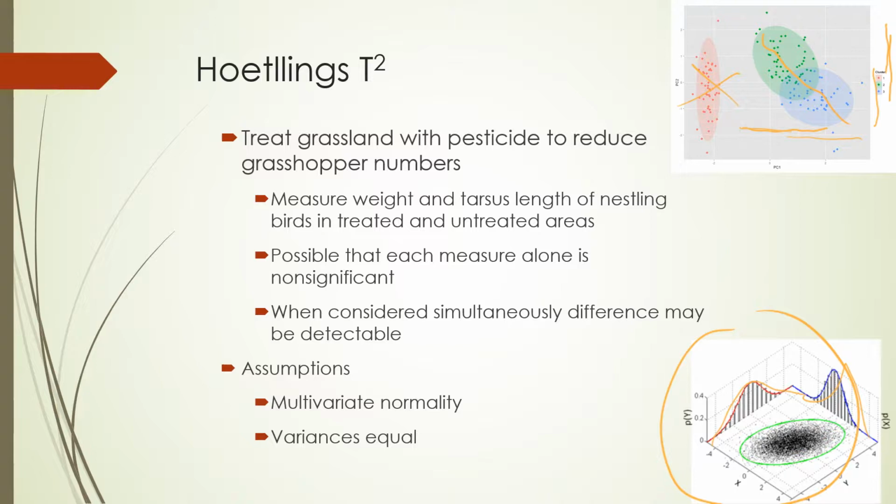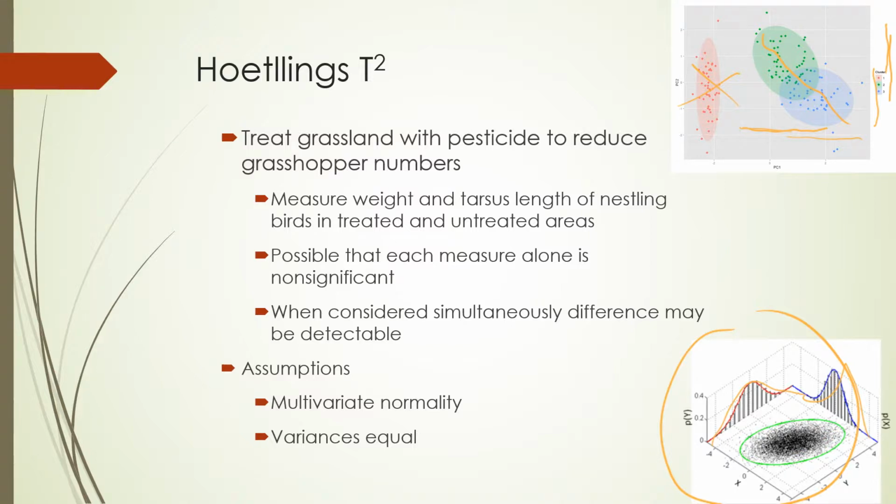Same thing if you look at it along the y-axis, a lot of overlap. But when you look at both of them together, because there's this correlation between the two variables in a sense, you see that when you look at the overlap along that diagonal, it's less than the overlap along each of the axes alone. And this is basically what we're looking for.